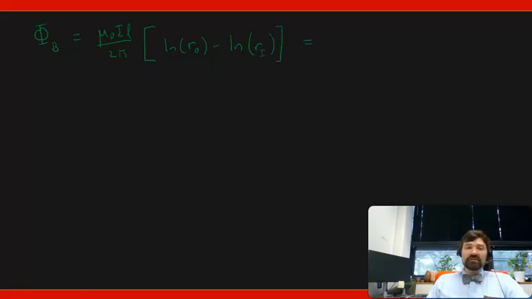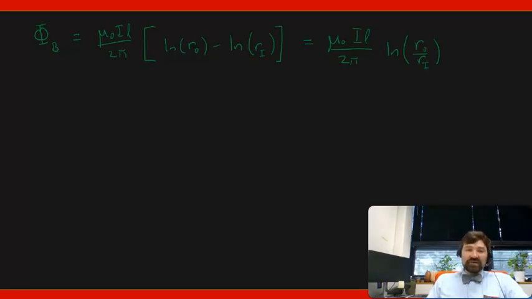And so that in turn ends up just being mu naught times I times L divided by 2 pi times the natural log of r outer over r inner. We're just making use of the well-known information that the difference between two natural logs is the natural log of the quotient of the arguments. Alright, so that gets us what phi b is.